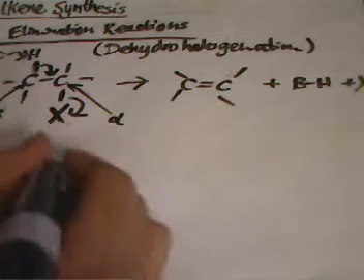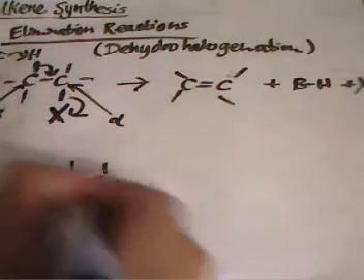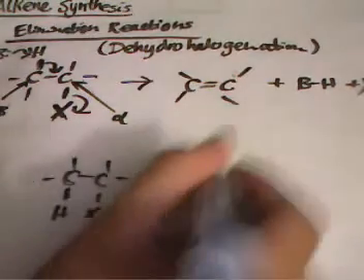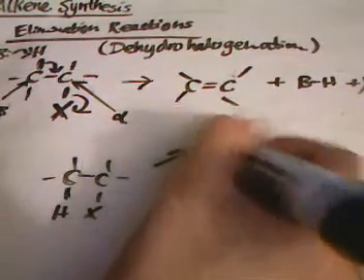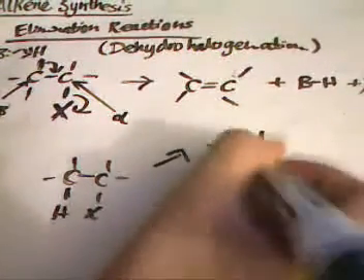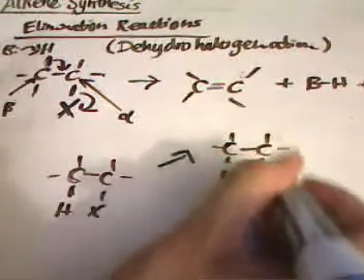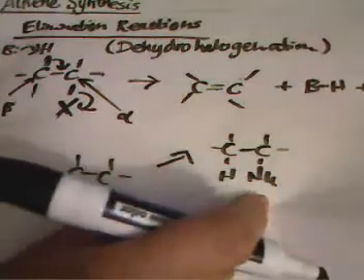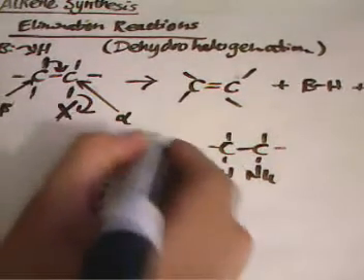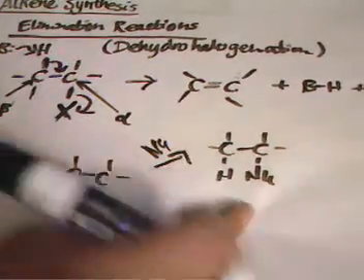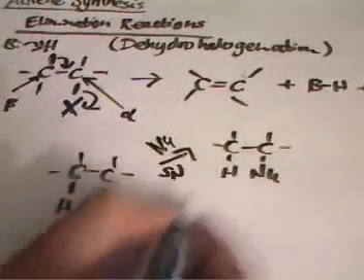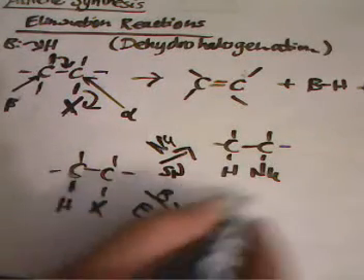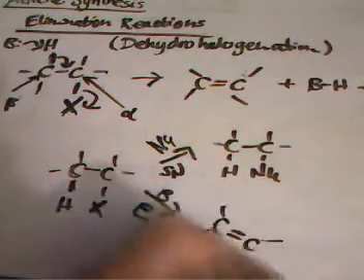So the same alkyl halide can go through a substitution in which all that happens is that the leaving group, or the X, is replaced with the nucleophile. If you treat this with a nucleophile, it can lead to a substitution reaction. Or if you treat the same reactant with a base, it can give an elimination product, which will be an alkene.